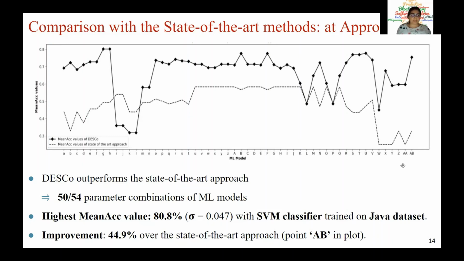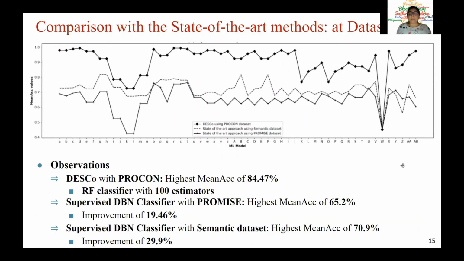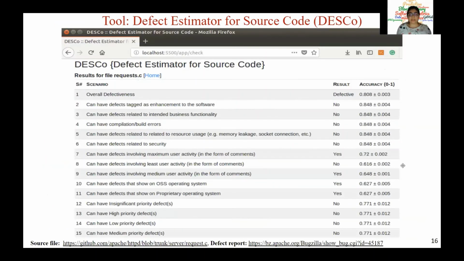When compared with one of the state-of-the-art approaches, DESCO outperformed it in 50 out of 54 parameter combinations with the highest mean accuracy score of 80.8% and an improvement of 44.9%. Similarly, when compared with the Promise repository at dataset level, it achieved an improvement of 19.46%.